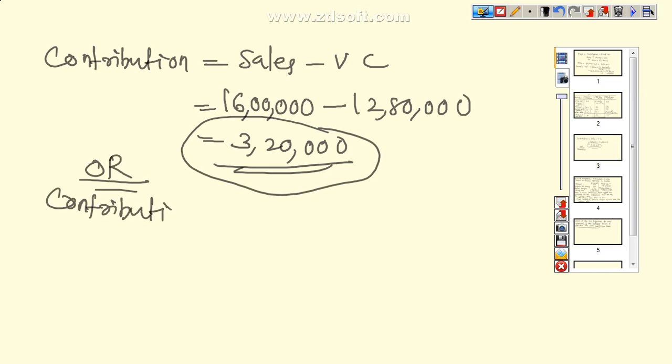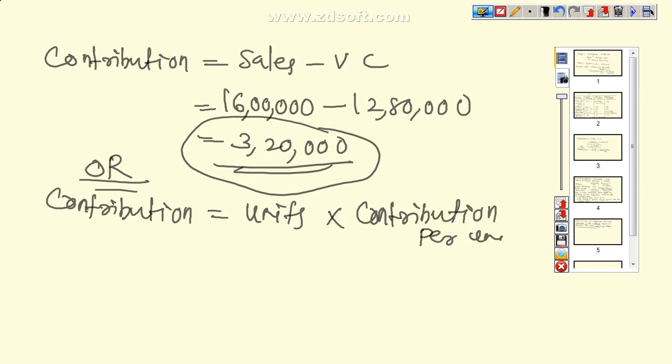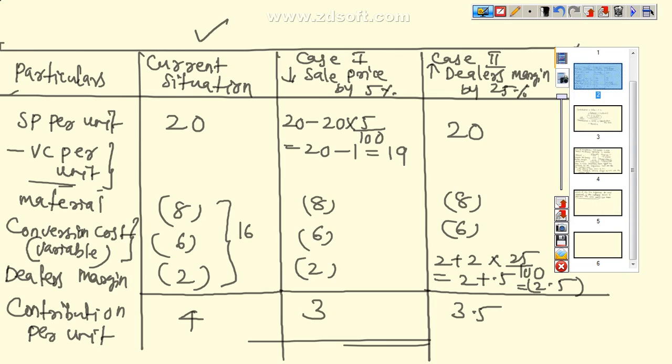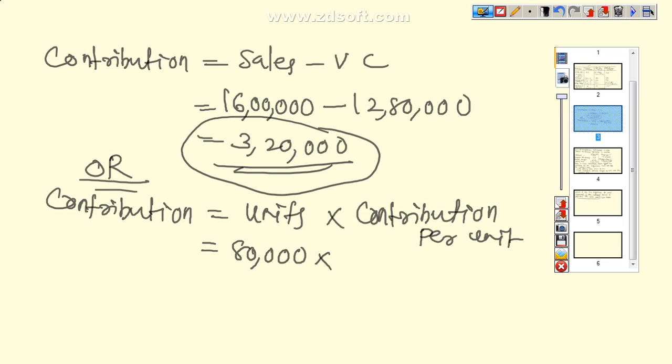Contribution is equal to units multiplied by contribution per unit, so according to the question, 80,000 units multiplied by, we have already calculated, contribution per unit is 4, so 80,000 multiplied by 4 is equal to 3,20,000. Both the answers are same.